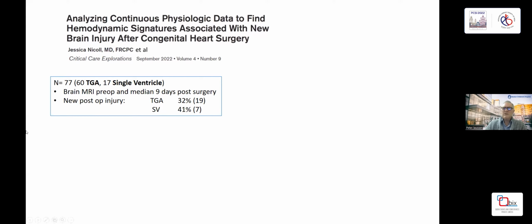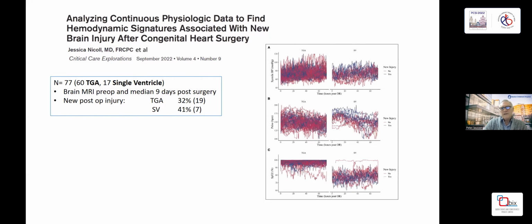We were trying to understand whether you could predict post-operative new injury as determined by MRI. So no new injury is the red, new injury is blue, and these patients here are transposition, and these patients here are single ventricle.